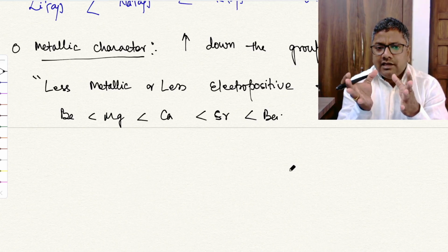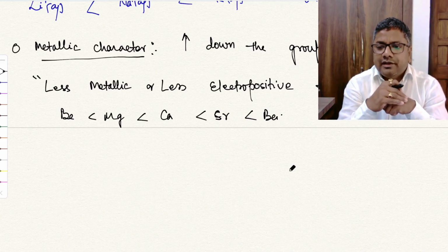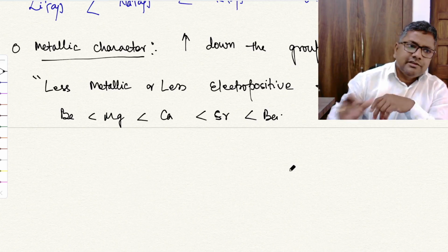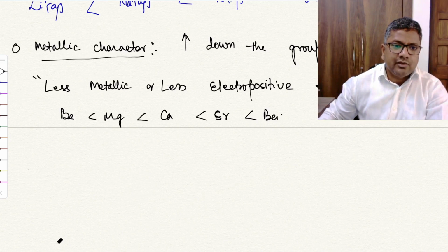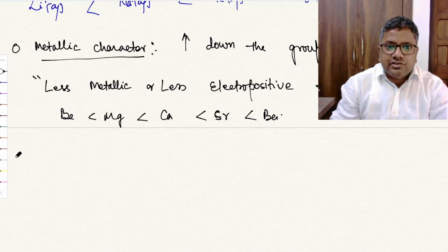So compared to group 1, they are not good metals to use for photoelectric purposes, but you can still use these metals for photoelectric purposes, right? Now the next property is density.